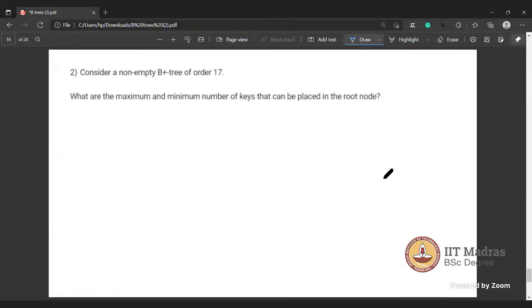Consider a non-empty B plus tree of order 17. What are the maximum and minimum numbers of keys that can be placed in the root node? I will wait 2-3 minutes.